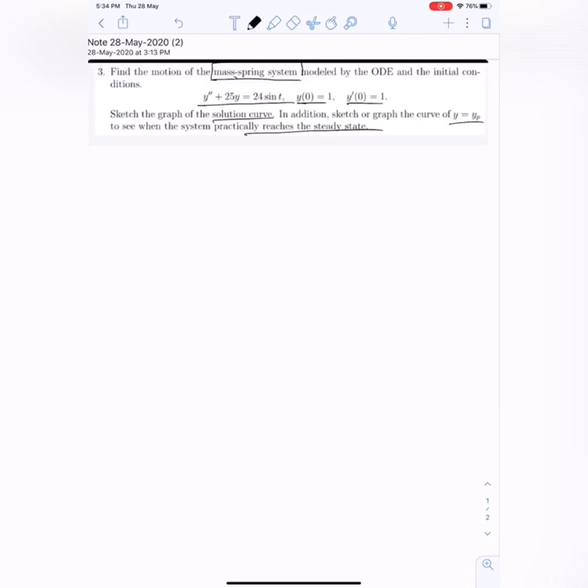So our model is depicted by our ODE y double dash plus 25y equals 24 sin t. Let's first see how much information we can gather from this model, from this equation, without actually solving it.